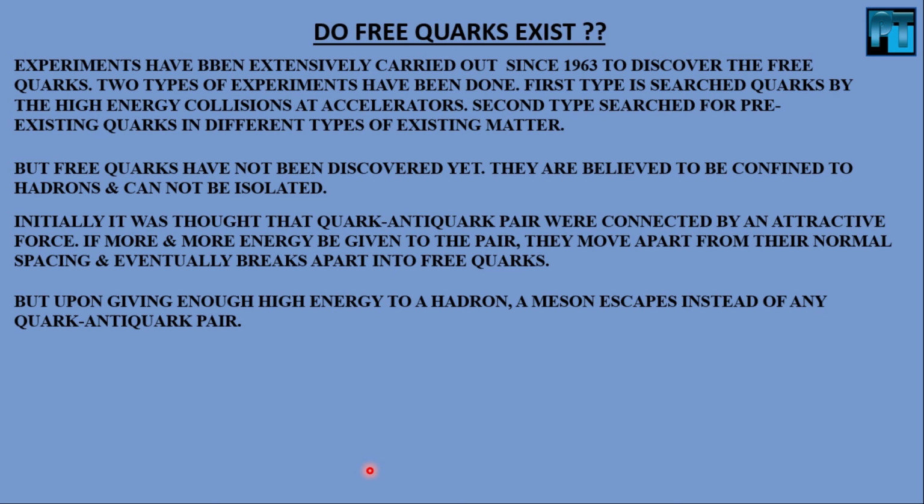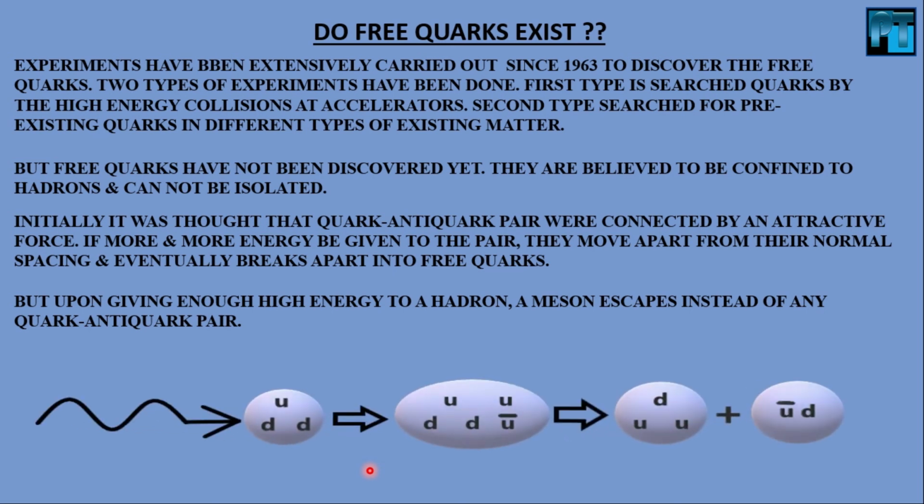What happened actually? See, this is UDD. Now we are giving enough energy to our UDD. What happened? This becomes excited with this enough energy. Now scientists believe that inside that, a U U bar is produced.